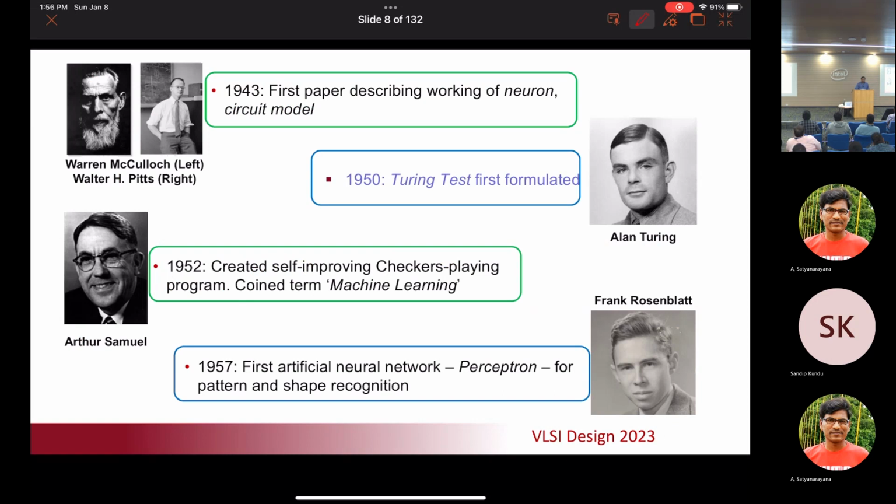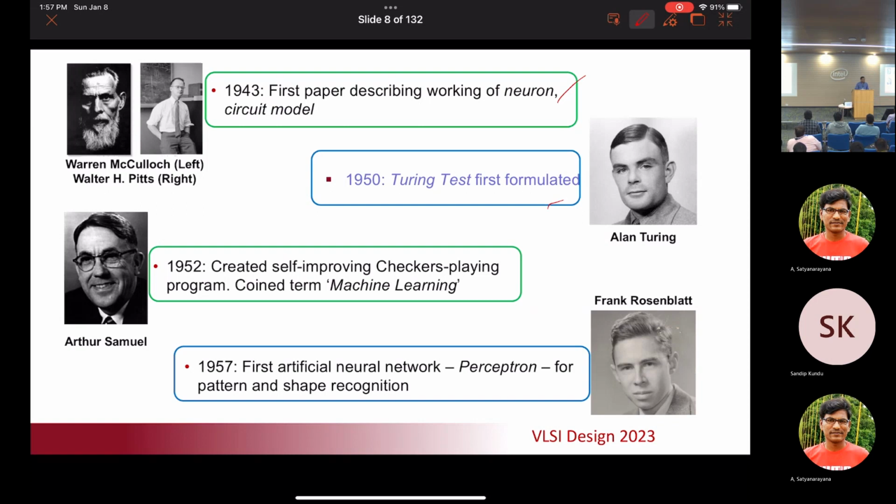I'll just quickly run through how this field developed after that. So 1943 was the first circuit model of a neuron. And then in 1950, Turing defined what machine intelligence and intelligence in general is.